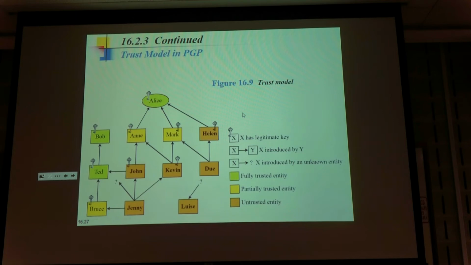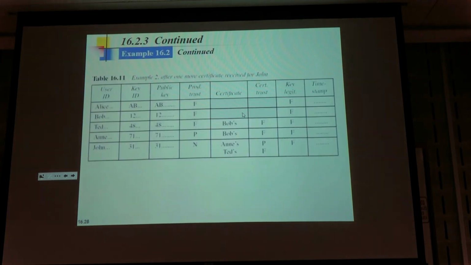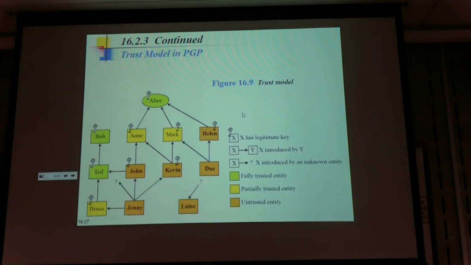So let's talk about the trust model in PGP. As you see here, this is from the tables. Let's take the code. The green is a fully trusted entity, the yellow is a partially trusted entity, and I'm not sure what the orange may be, an untrusted entity. So Alice partially trusts Anne and Mark.